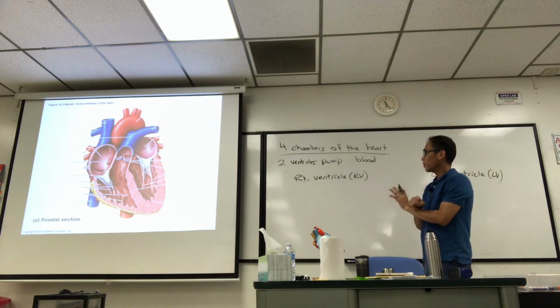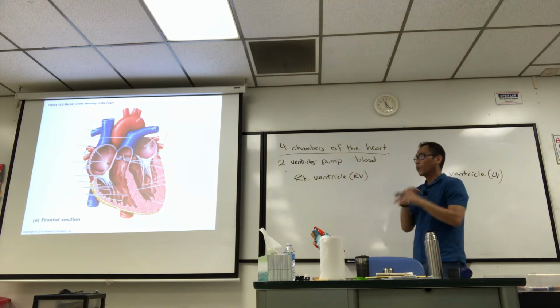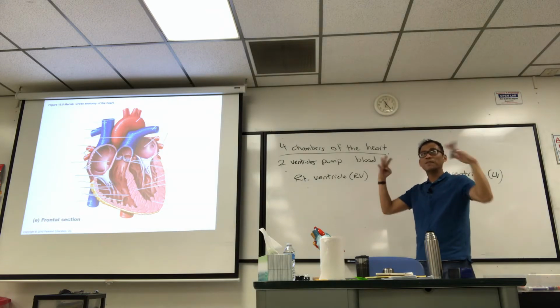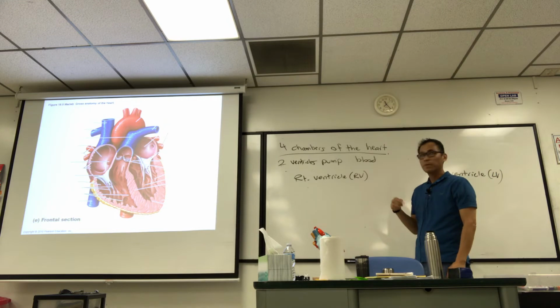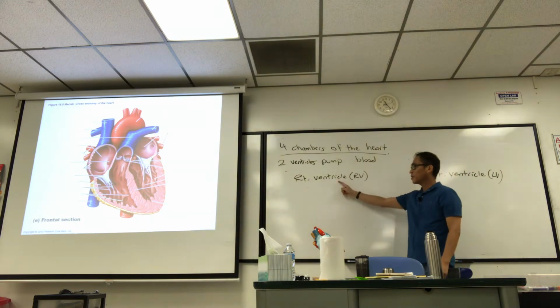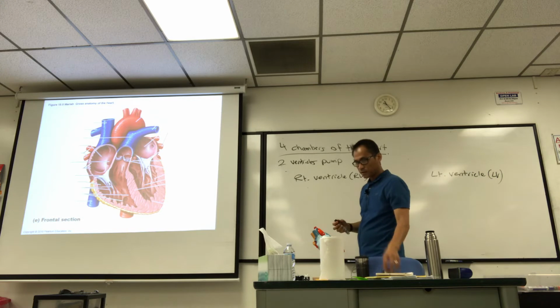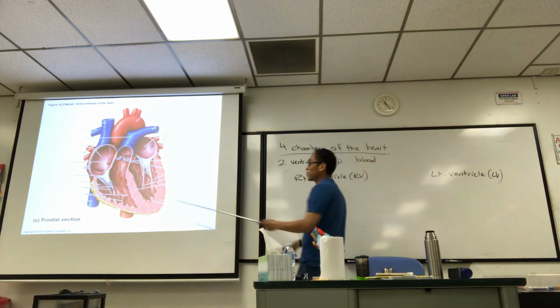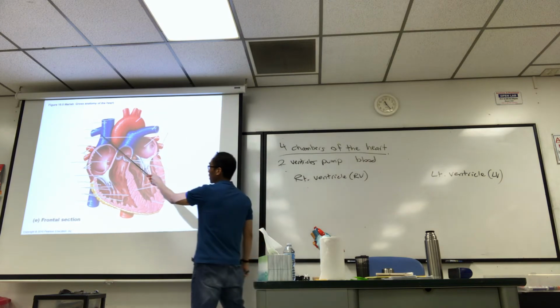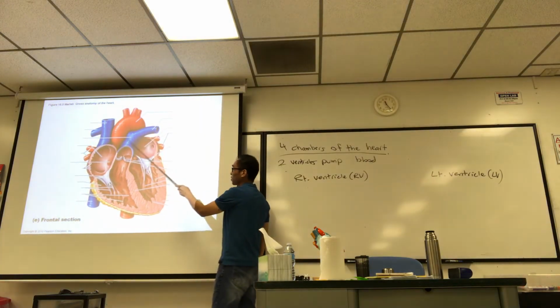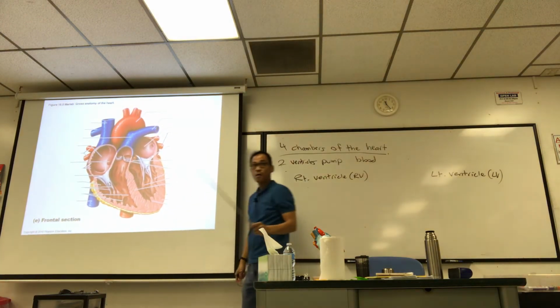All right, so if your job is to pump blood, once you're filled up with blood, then you can pump it. And so think about the artery that you pump blood into. If you're on the right side, remember your job as a chamber was to pump blood to the lungs. So the name of the artery that pumps blood to the lungs is called the pulmonary trunk. It's illustrated right here. It's a singular trunk that immediately branches into the right and left pulmonary arteries.